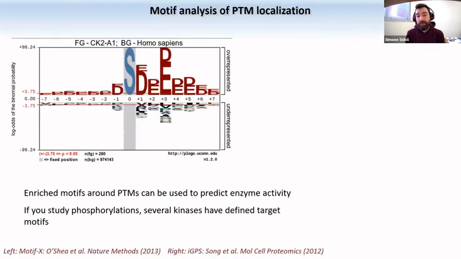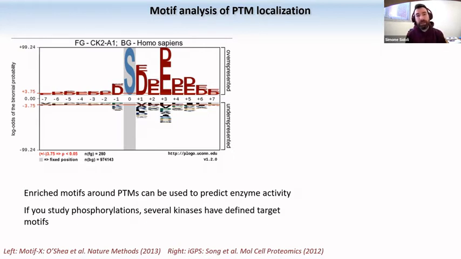For example, phosphorylations. Phosphorylations are catalyzed by kinases, and they are removed by phosphatases. Phosphatases are more spurious, so it's a little bit more of a complicated prediction. But many kinases have quite interesting motifs that they recognize in their protein target.